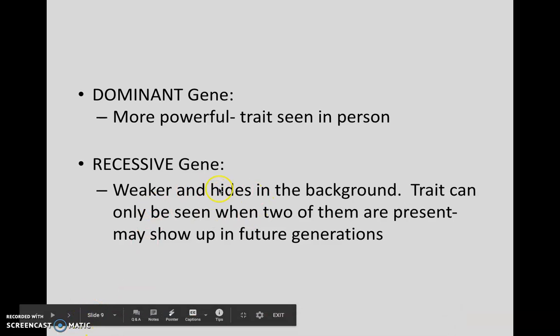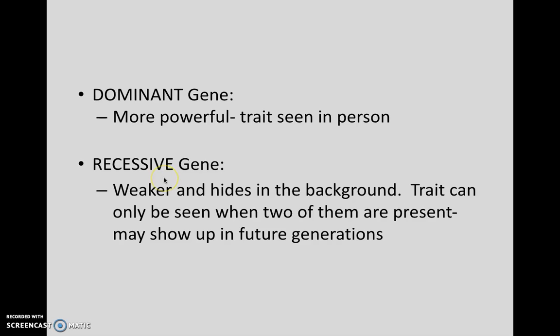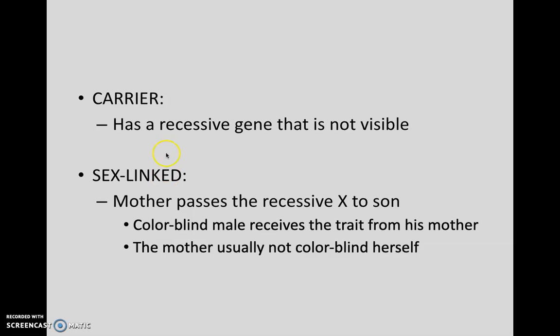So when we are looking at this dominant gene and this recessive gene, this is where those Punnett squares that you have done in biology are going to come into play. So we have carriers. These carriers are going to have a recessive gene that is not visible. So they're showing these dominant genes, but they do have that recessive gene. And so we'll look at that in just a second.